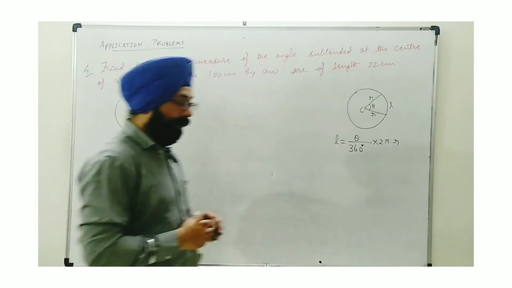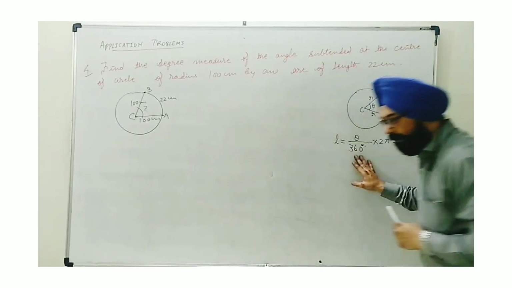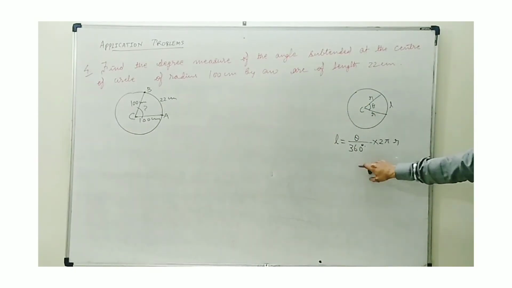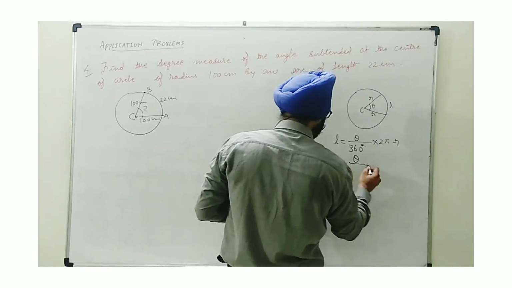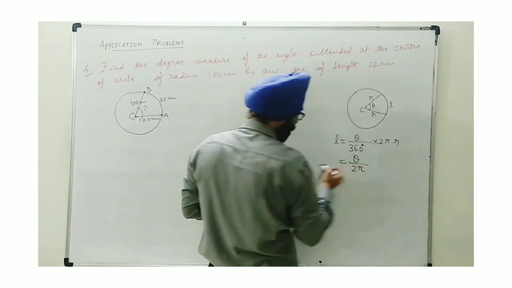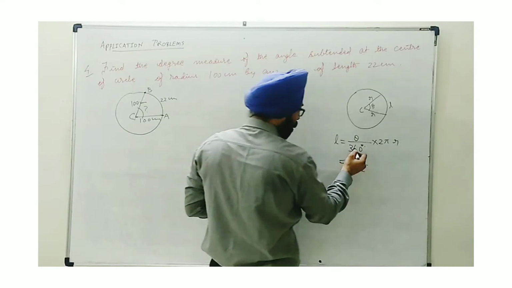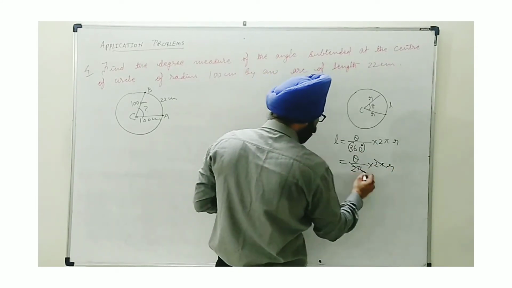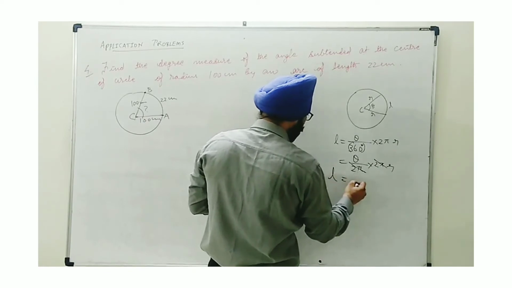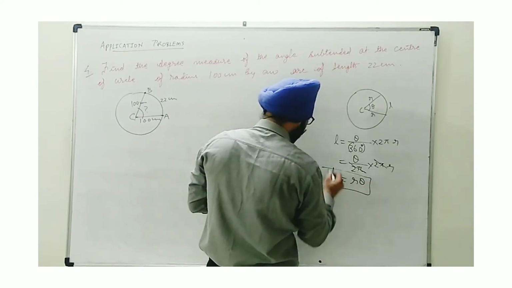But this year we have seen this 360 degree in terms of radian. 360 degree in terms of radian will be written as 2 pi. So if I replace 360 degree by 2 pi, then 2 pi and 2 pi cancel out. We are left with L equal to r theta.